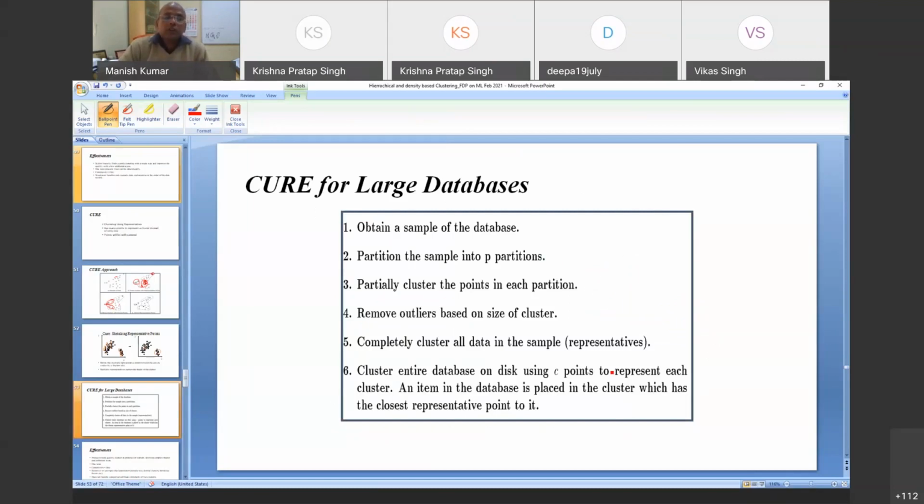If not, you can go without removing them if you think there are no outliers, if it is clean data. Certainly, completely cluster all data in the sample. Using the representatives, you can then take all the data points of the database and map them to the clusters. That is very easy to do.